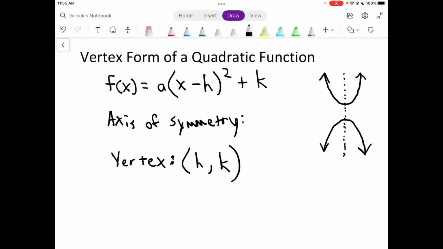Now, something else you might notice when you look at this dotted line here is that the point where the graph is symmetric, the point that this axis of symmetry is going through on both these would be the vertex of the quadratic. The vertex is always going to be the point that that hypothetical line creating the axis of symmetry is going to be crossing through.